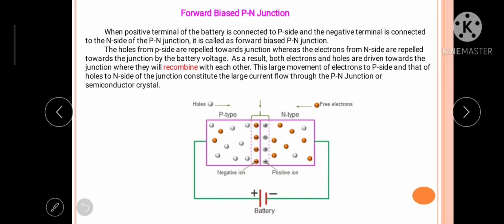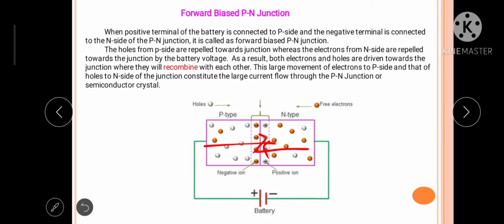Due to this type of battery connections, the holes from P side are repelled towards the junction, whereas the electrons from N side are repelled towards the junction. As a result, both electrons and holes are driven towards the junction where they will recombine with each other.